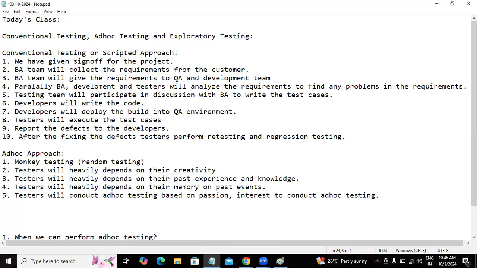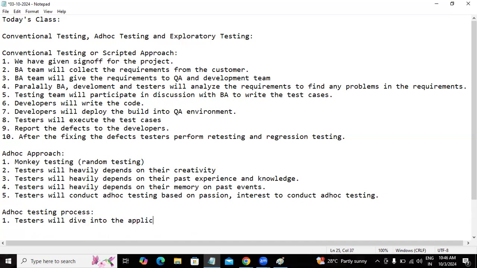And the ad hoc testing process is like this. Testers will dive into the application.